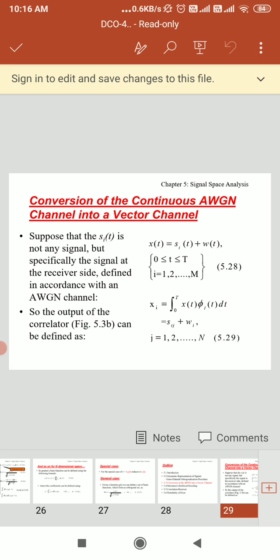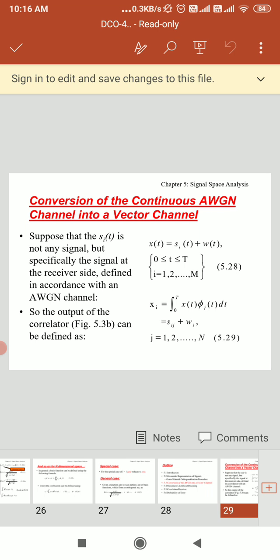Here X of t is the received signal. You will get X of t equal to si of t plus W of t, because the received signal is the transmitted signal plus a white Gaussian noise process of zero mean.